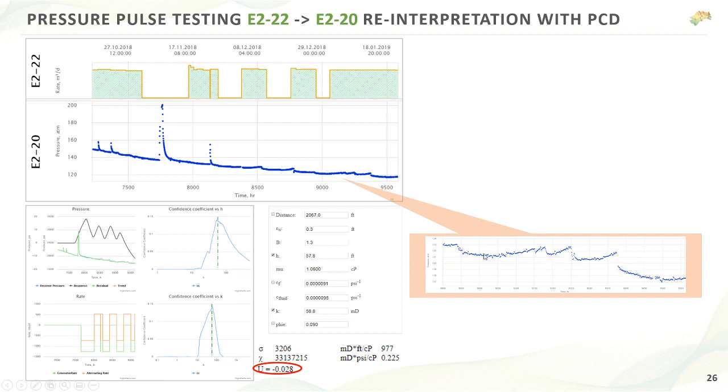So this is a periodical process, and of course this affects the robustness of any pressure interference test, unfortunately.